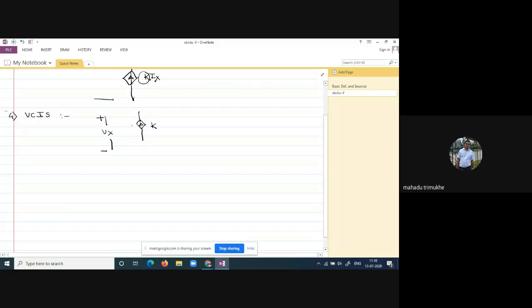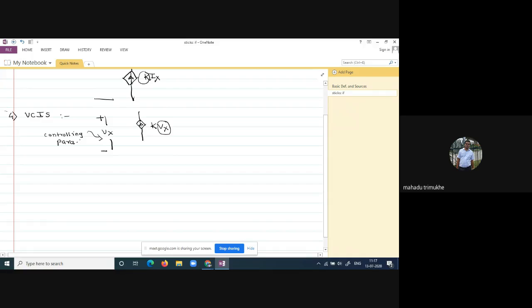Means this current source is depending on some other voltage present in the electrical network, K into Vx. This current source depends on the voltage present in the electrical network, and that voltage is Vx. Means Vx is nothing but your controlling parameter, right?